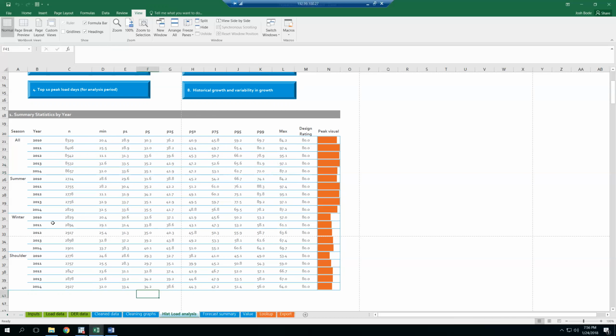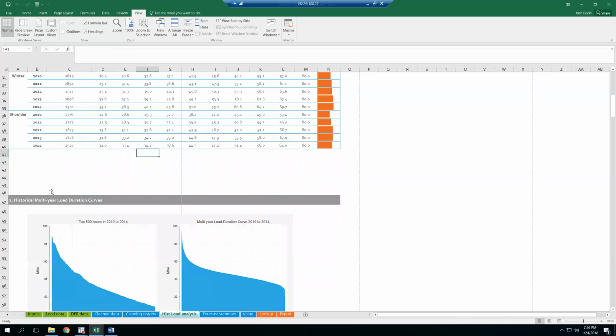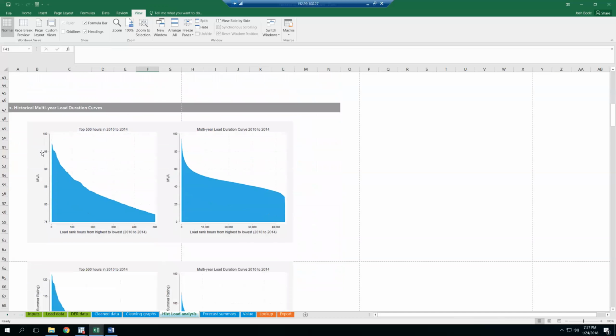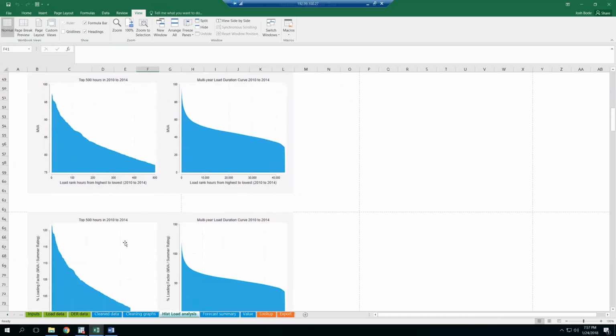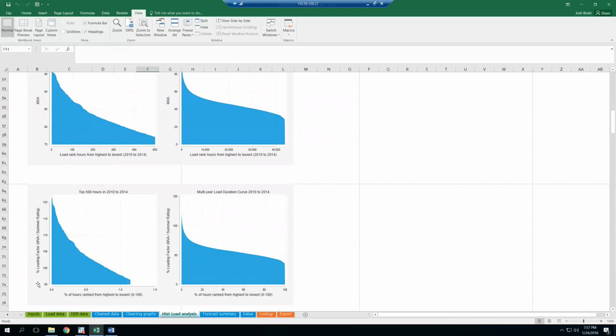The next chart looks at the historical multi-year load duration curves. There are two sets of them. One has it in terms of MVA and hours, and the other one has it in relative terms, based on the loading factor, or the MVA divided by the summer rating, with the x-axis being the percent of hours overall.